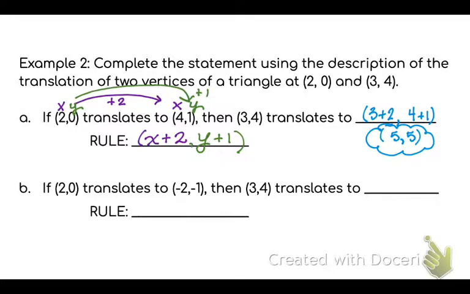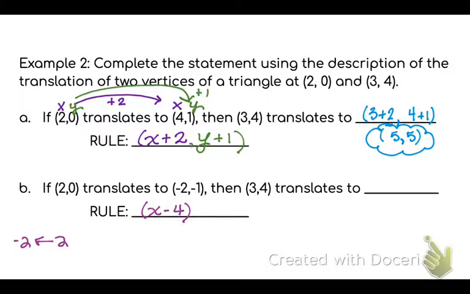If (2, 0) translates to (-2, -1), then (3, 4) is going to translate to what? Again, to go from 2 to negative 2 actually means we're going to be going to the left if we think about a number line. So we would be subtracting 4, so x minus 4.